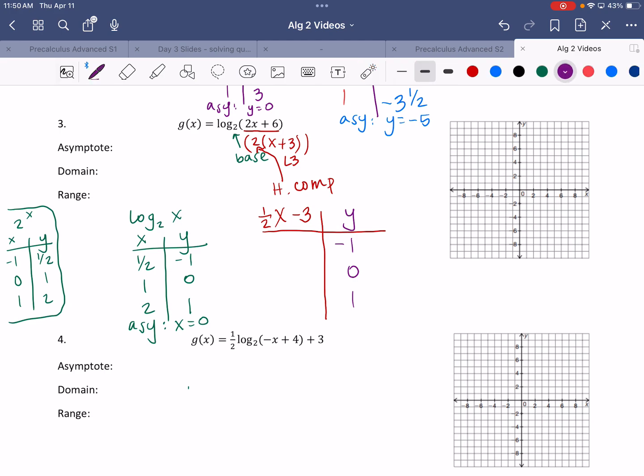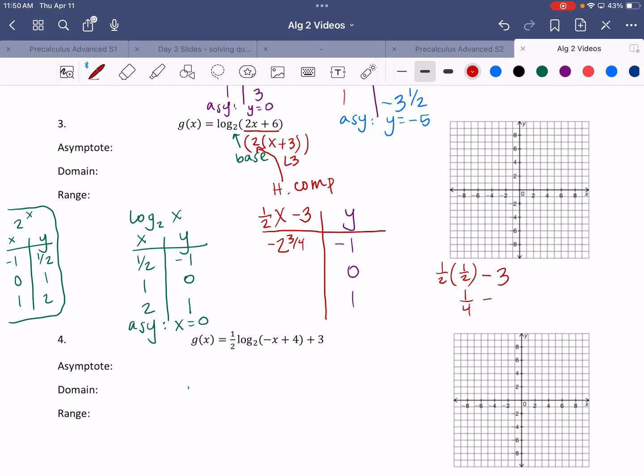1/2 times 1/2 is 1/4. And 1/4 - 3, you could either say, I know that's going to be -2 3/4, not quite to -3.